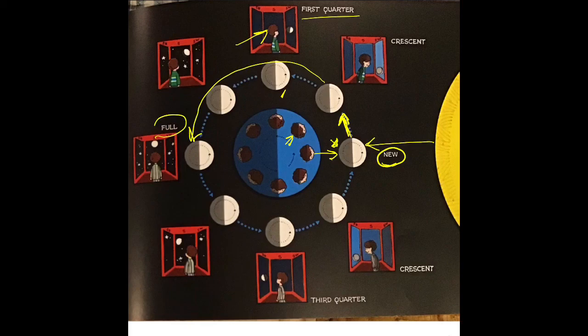the full moon. And here we are looking out our window, and this is what we see, the full moon. See, we're looking at it from this position now. The moon is here, the earth is between the sun and the moon.